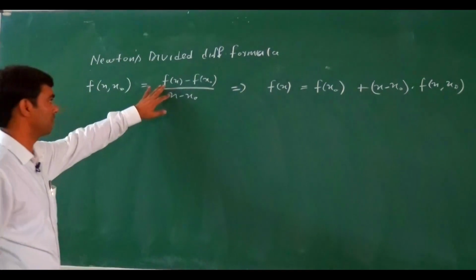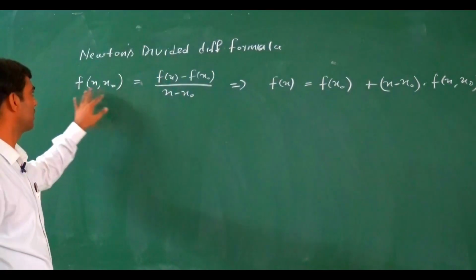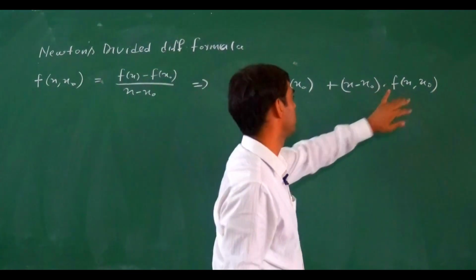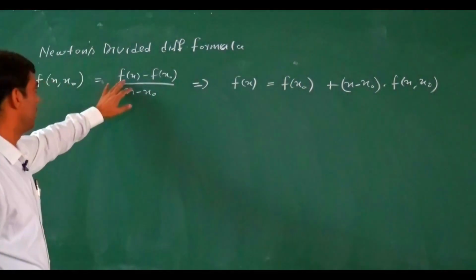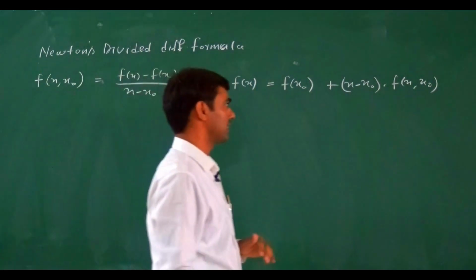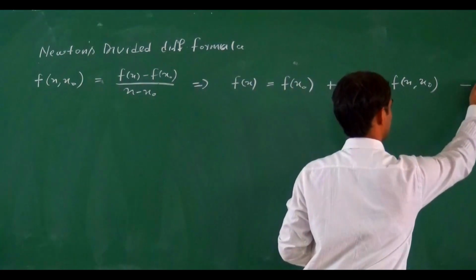So if we simplify, this one multiplied by x minus x0, and f of x equals f of x0 on the right hand side. Suppose this is equation number 1.